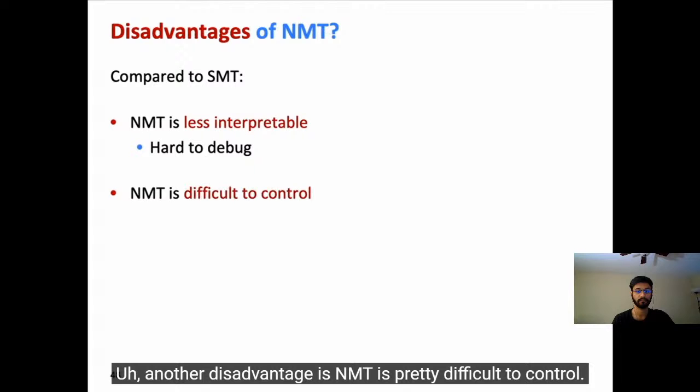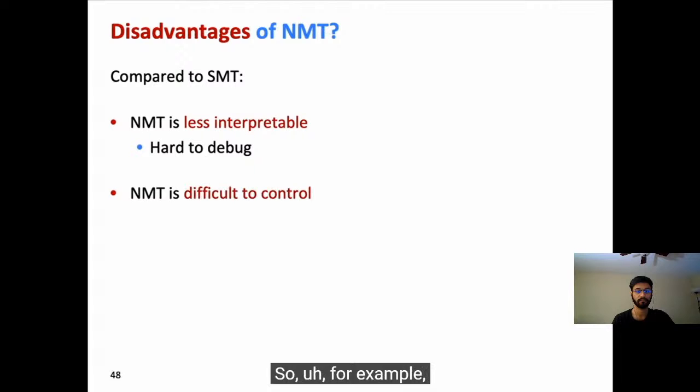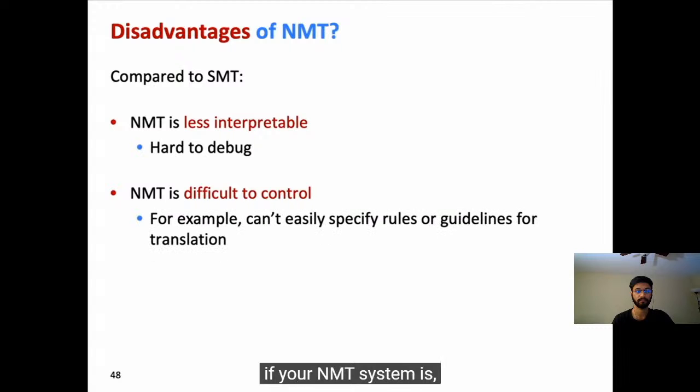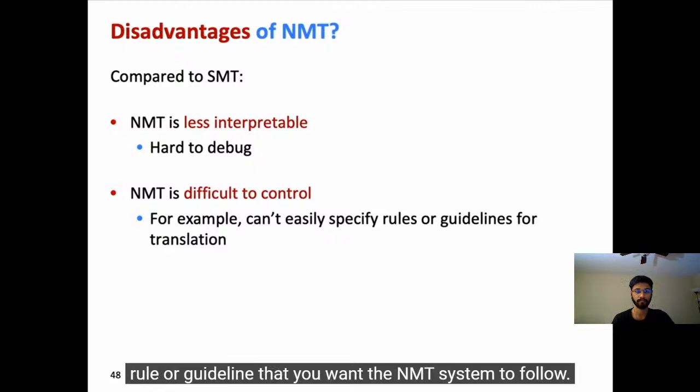Another disadvantage is NMT is pretty difficult to control. For example, if your NMT system is making a particular error, it's not very easy for you, the programmer, to specify some kind of rule or guideline that you want the NMT system to follow.